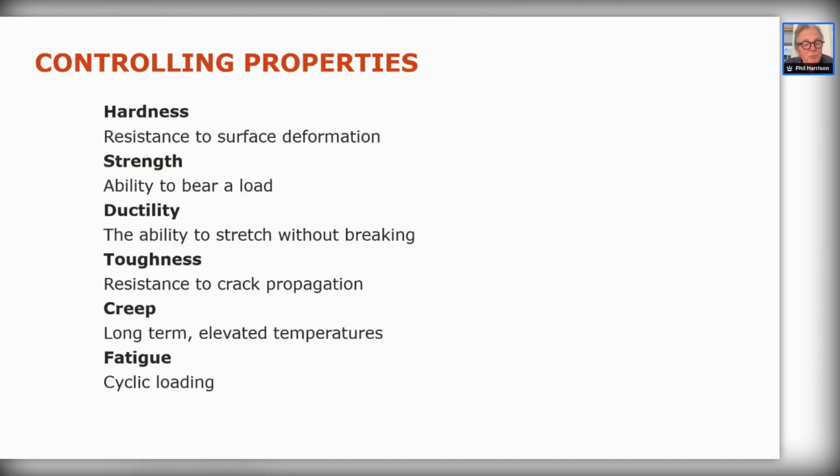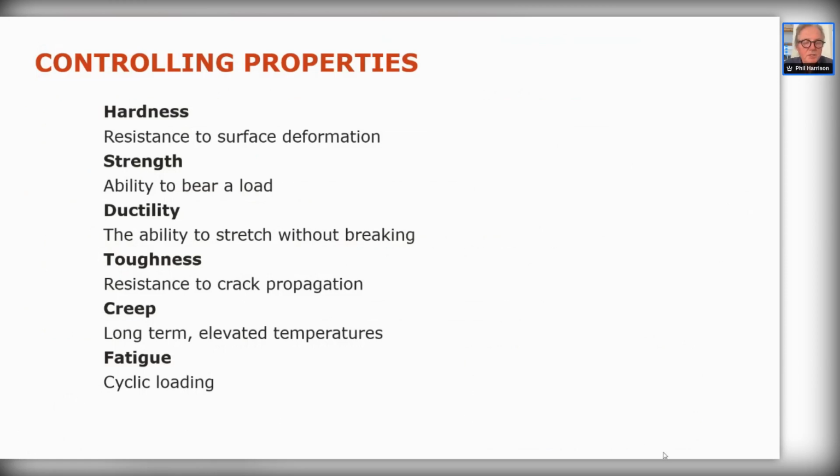And then we have the strength of the material. The strength is the ability to bear a load, but the strength falls into a number of different categories. If we have, for example, different forms of deformation in metals. We have what's called elastic and plastic deformation. Elastic deformation is where it's initially loaded.